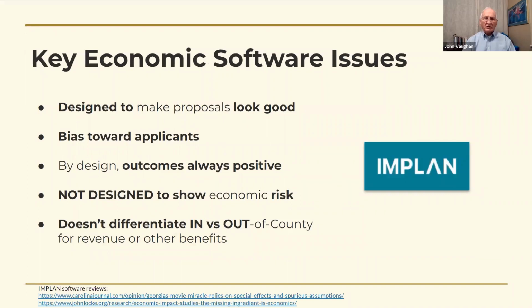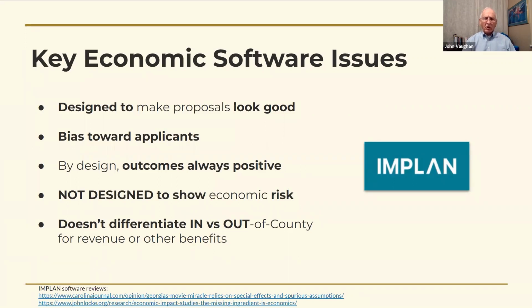A few of the issues that stand out regarding the IMPLAN software. Various professional and academic reviews of the software state it is designed to make project proposals look good. They also indicate the software has a bias towards applicants, resulting in often inflated benefits and job creation.